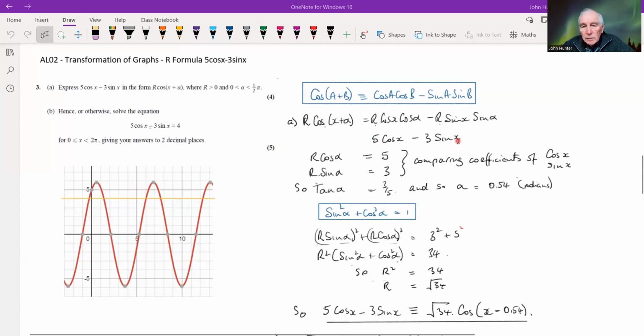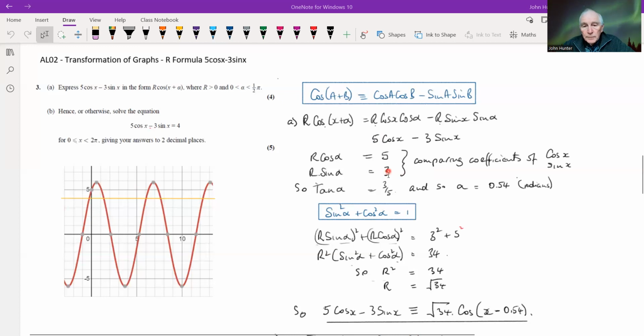Now what we're trying to do is represent this. So if we do a bit of comparing of coefficients, first of all, the coefficient of cosine x, these two are constants here, the r and the cos alpha, and therefore we can equate them to 5. So r cos alpha equals 5, and likewise we've got minus r sine alpha is the coefficient of sine x, and that is therefore 3.